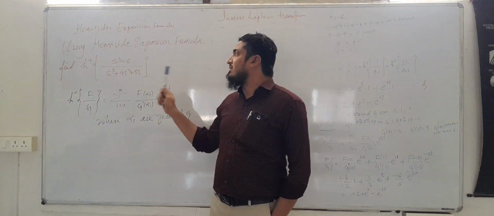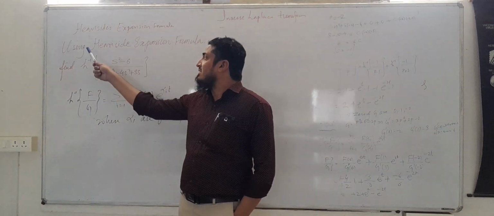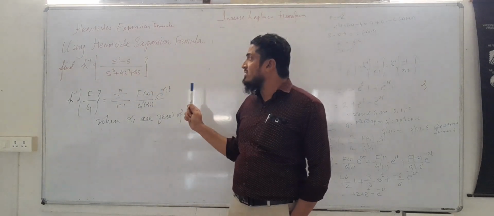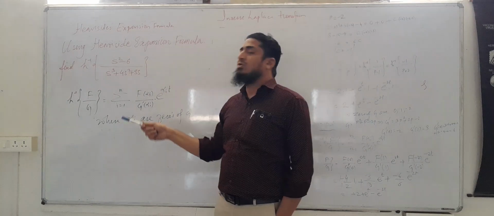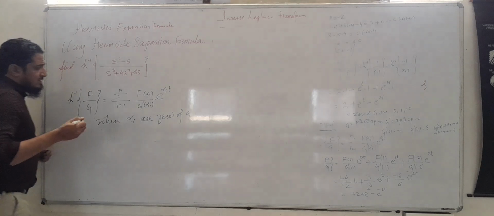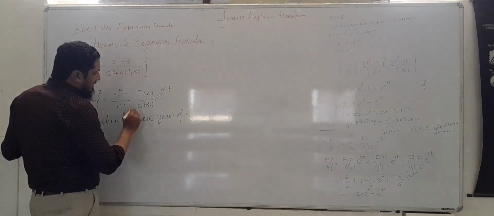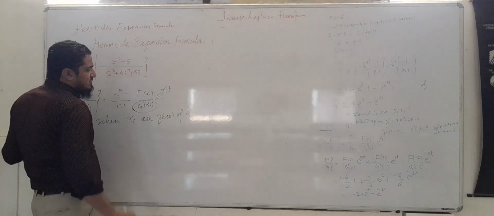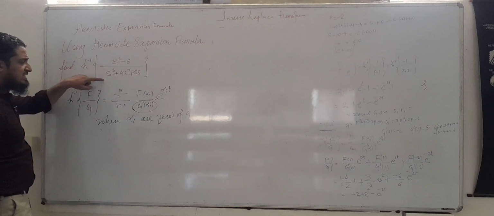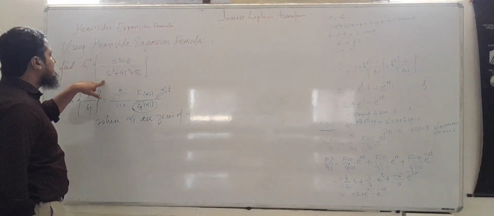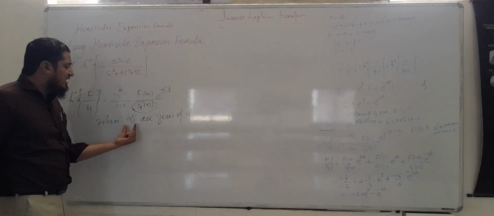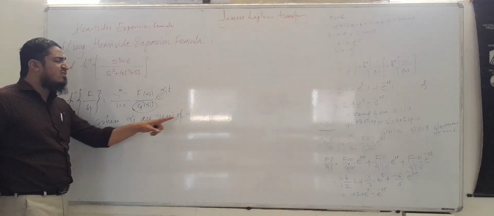But whenever a clear statement is given to use the Heaviside expansion formula, you have to use only this formula to solve this example. In this formula, we need g dash of function g, meaning the derivative of g, and we have to calculate alpha i, meaning the zeros of g.